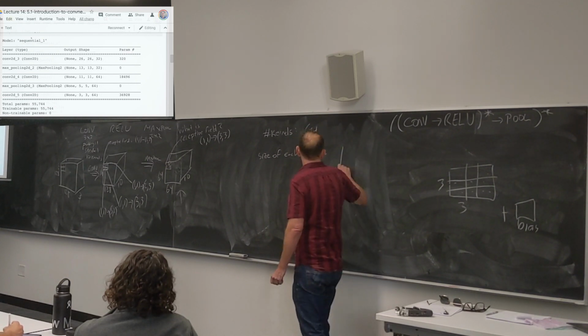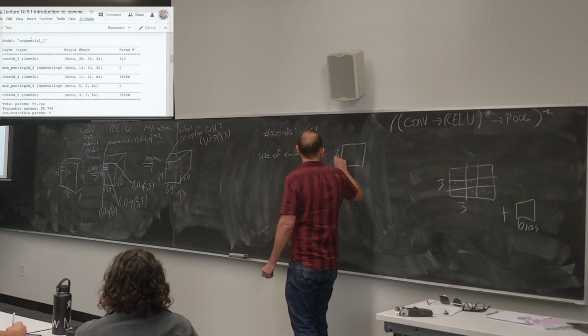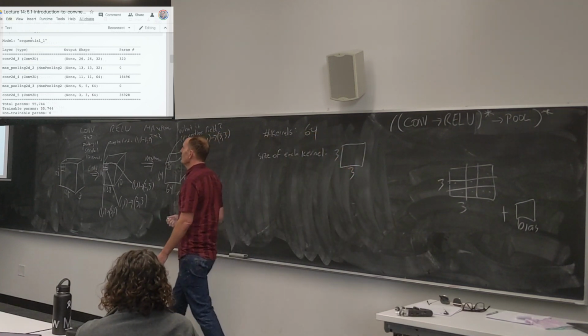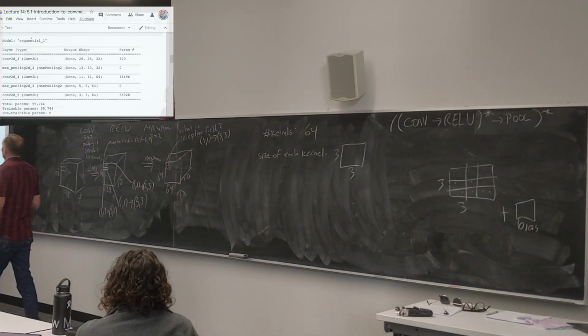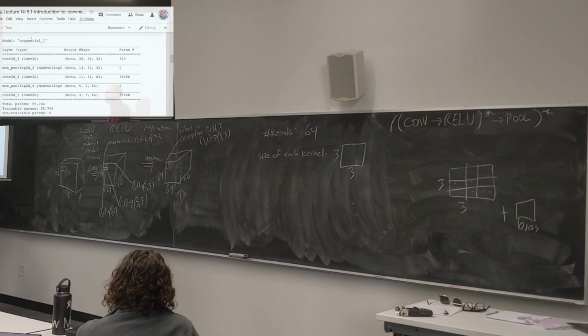Nope. It is 3 by 3 by something else. We know it's 3 by 3 because, although we don't know it from this summary, we remember we initialized it as 3 by 3. It's 3 by 3 by 32, because the output that it's operating on is 13 by 13 by 32.